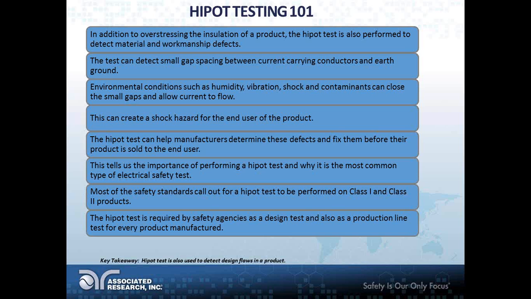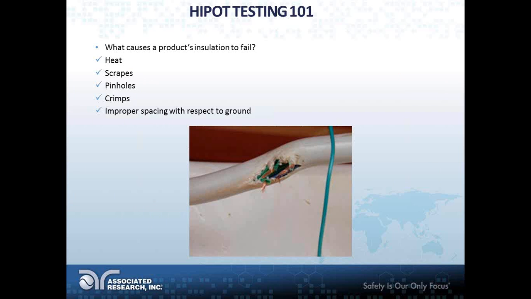So once again, the Hipot test is required by safety agencies as a design and a production line test. Here's a quick look at what can cause a product's insulation to fail. Issues like heat, scrapes, pinholes, crimps, and improper spacing with respect to the ground.